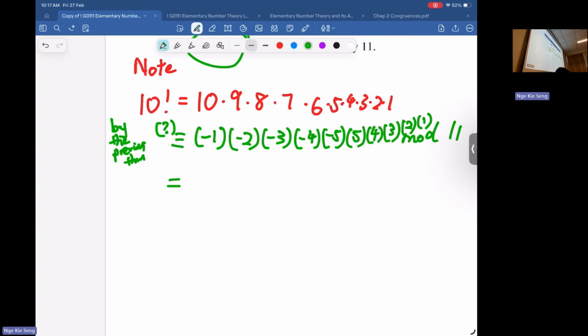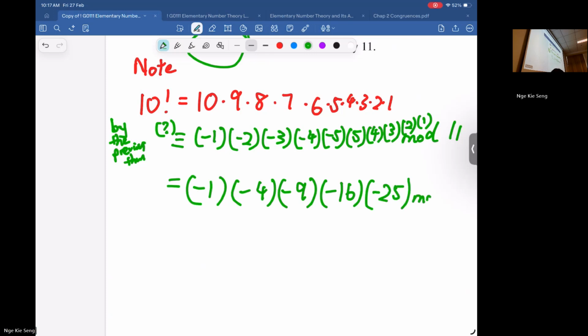In other words, you are considering the square of these 1, 2, 3, 4, 5. So what are the squares of them? Let's do that first: -1, -4, -9, and then -16, and so on.